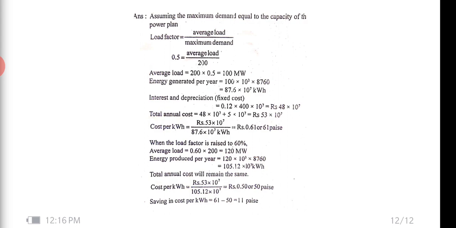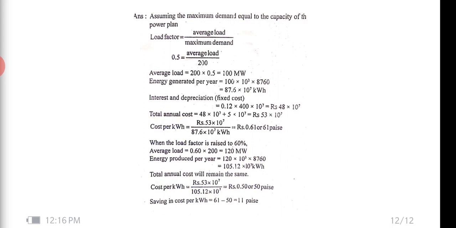So the total cost will remain the same. So to find out the cost of electricity, I am spending 53 crore rupees same as earlier, 53 into 10 raised to 7, divided by the amount of electricity generated, which is more now. Earlier it was 87 crore units, now I am generating 105 crore units. So that is 53 crores divided by 105 crores.